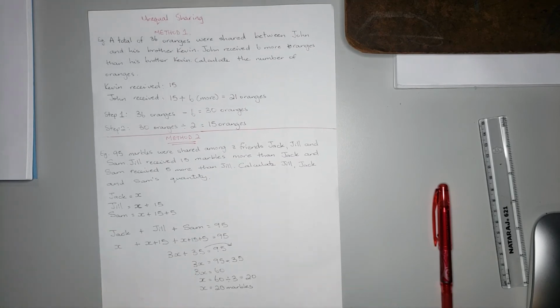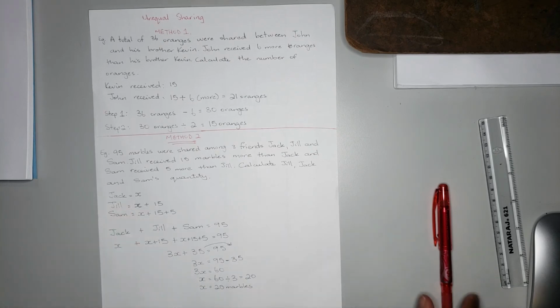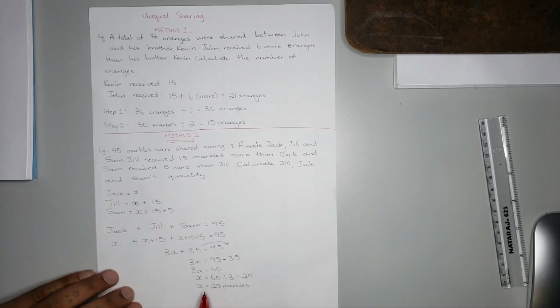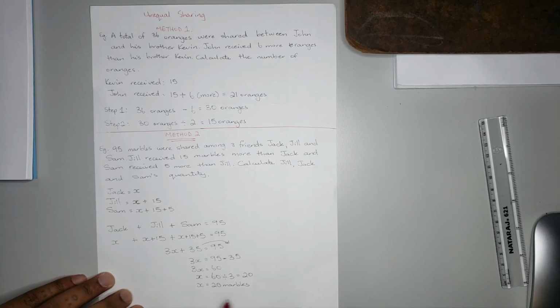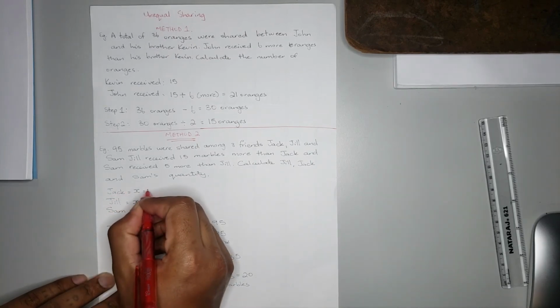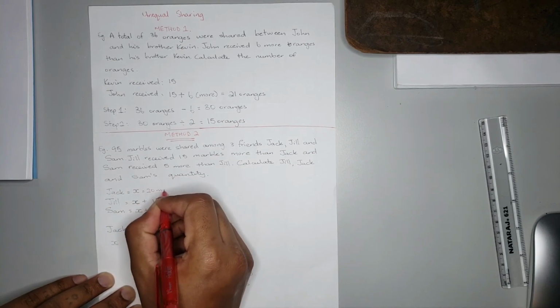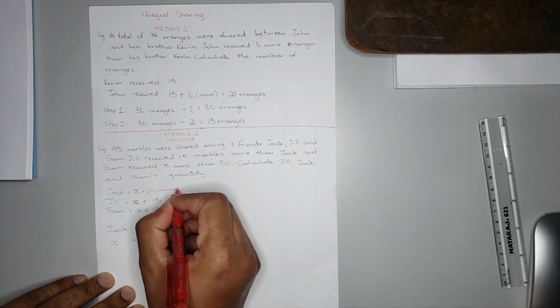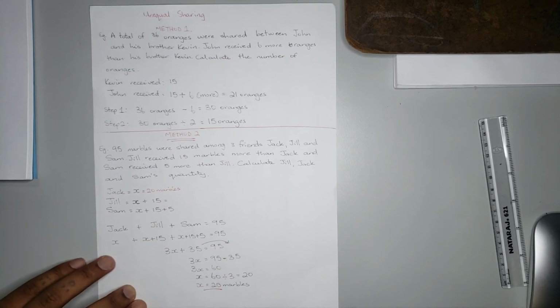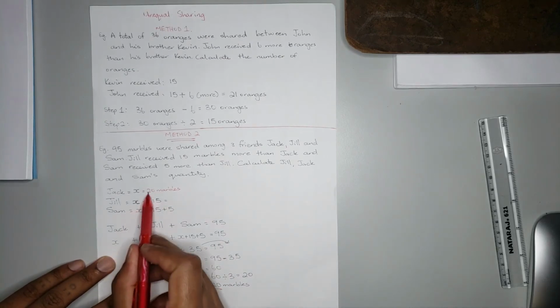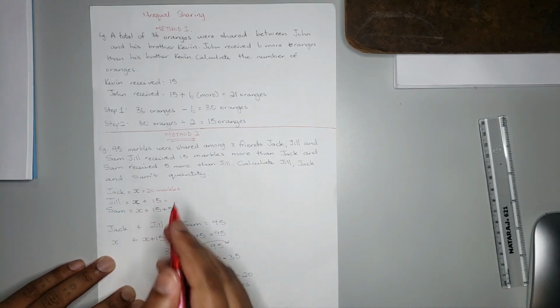Now, to check what each of these persons received, Jack is represented by x, and the value for x is 20. Therefore, Jack received 20 marbles. Jill received x, which was the 20 marbles, plus 15 extra.